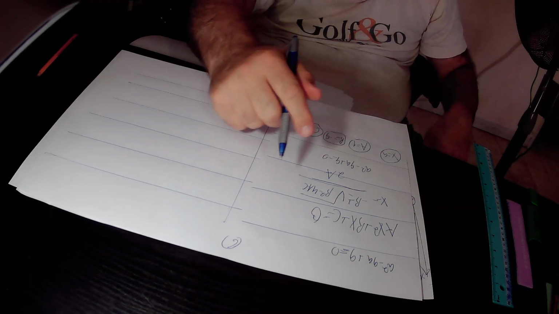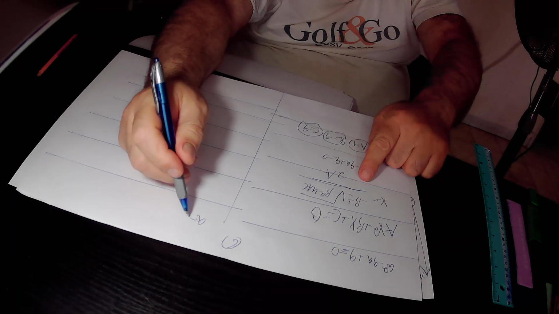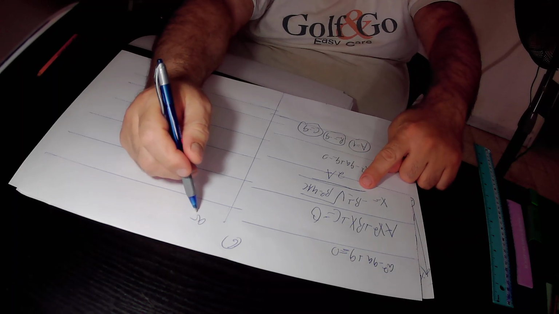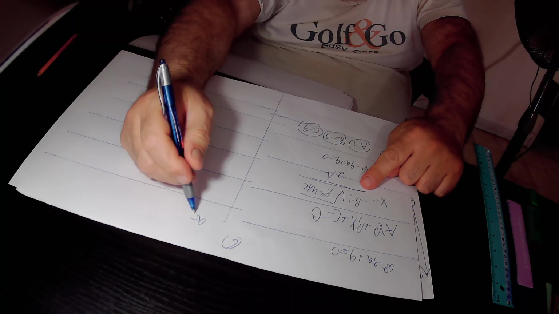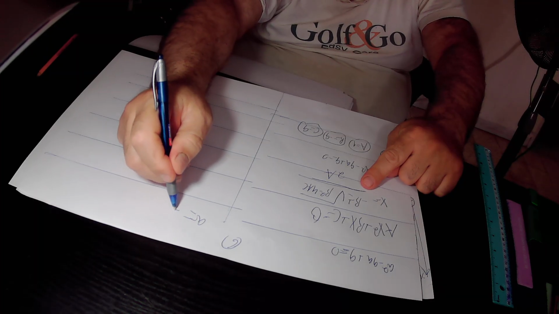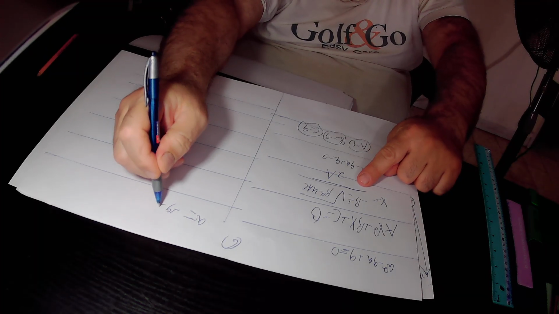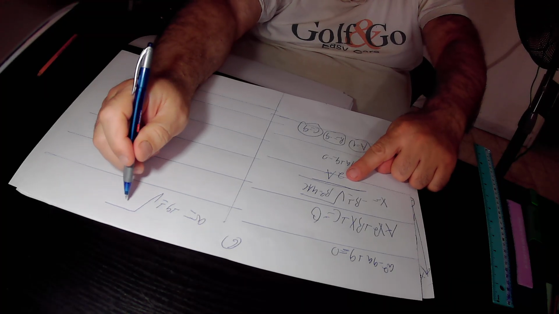So we have A equals minus B. B is minus 9, therefore minus B is minus 9, that is plus 9. So it equals plus 9 plus minus the square root of B squared.